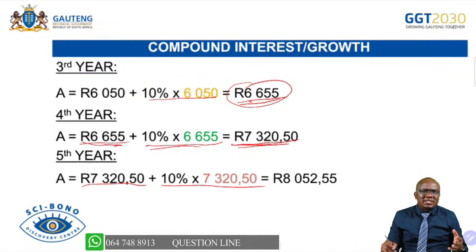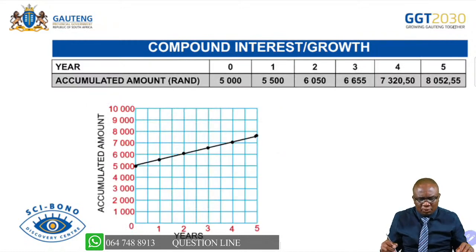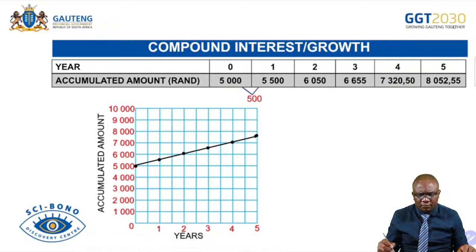Right. Now what is the difference between simple interest and compound interest? We plotted our graph in the previous one, the simple interest one. Let's see if we can plot a graph again here. But let's see what the difference in the interest is here. 500 Rand. What's the difference in the next one? 550.